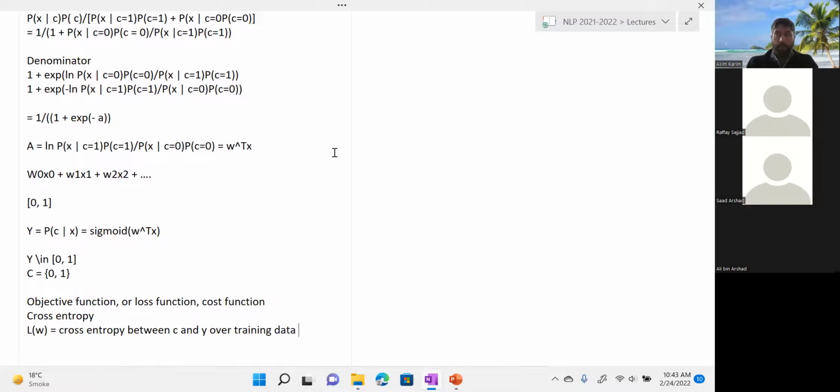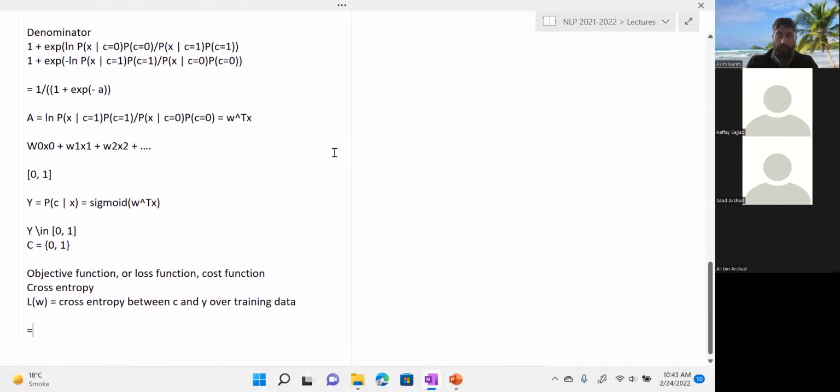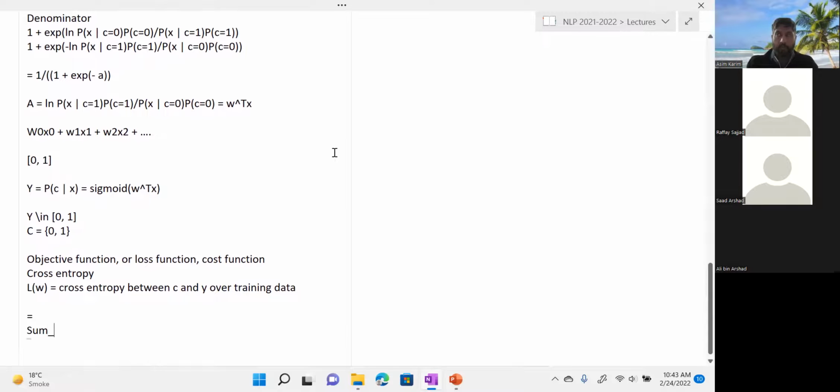Okay, so if I want to write it in terms of equations, we have this expression. You will have to sum over all the data points. I'm going to use i as the index for the examples in the training set, which range from 1 to n.